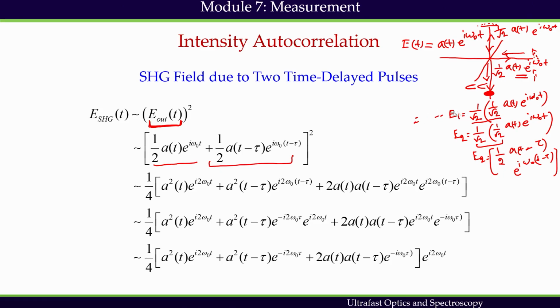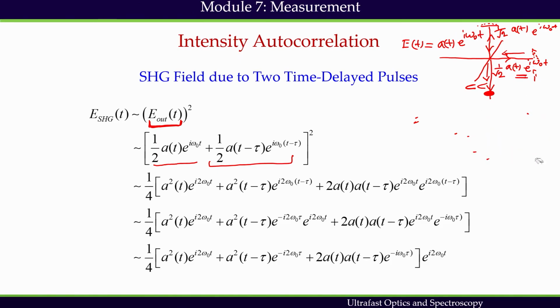We have an SHG crystal placed, and SHG occurs because of the second order polarization, which means the term responsible for SHG, the SHG field, is going to be nothing but E out squared, and that's why we have to take the square of this whole term.